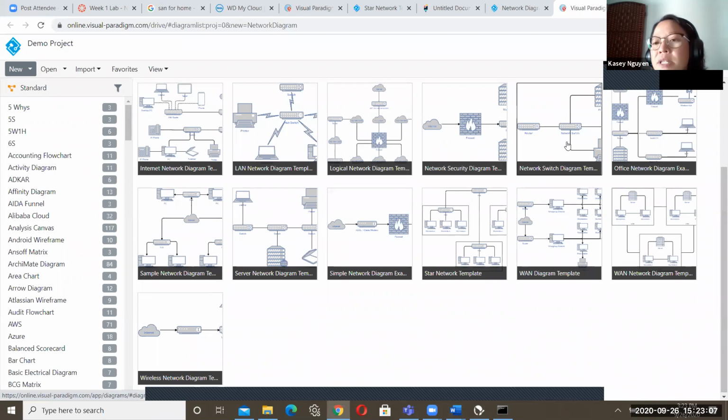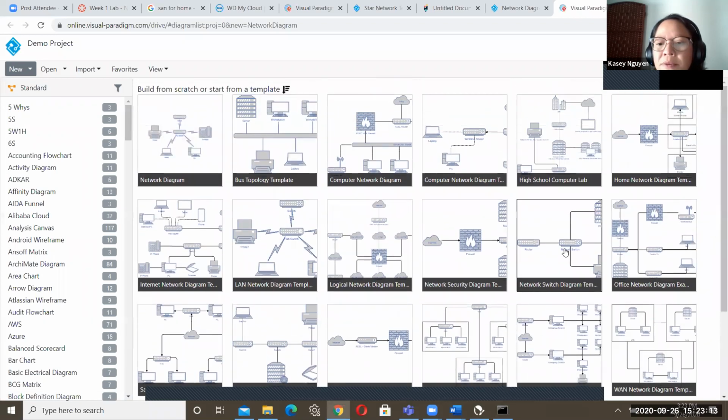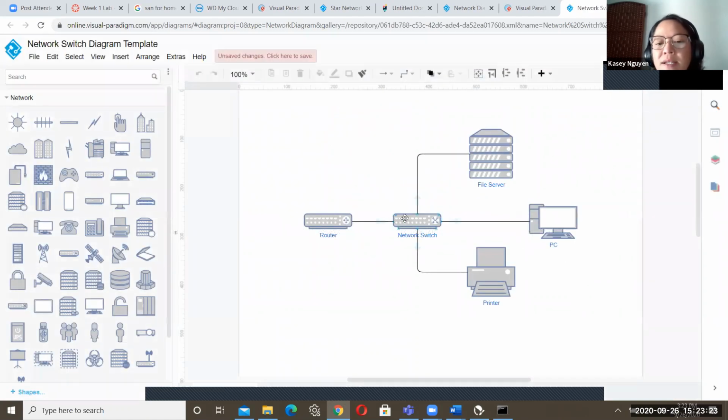So here's the network switch diagram, which is in the second row, this one. It takes a second or two to load. So here it is. You already have one switch and you already have a PC connecting to that switch.